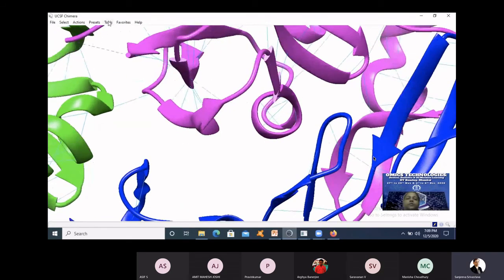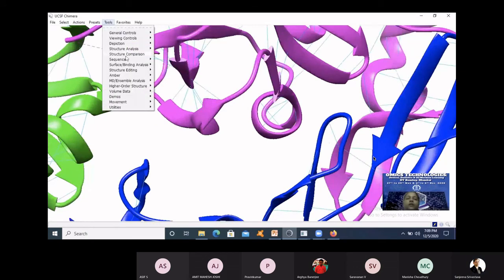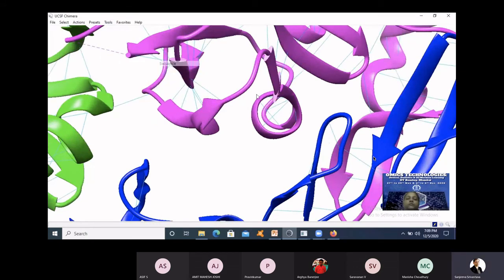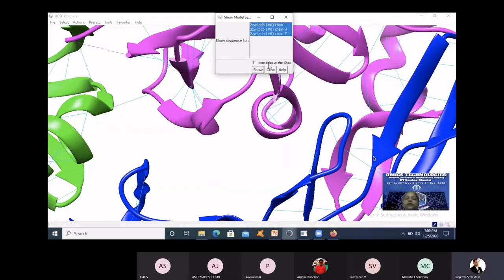I will go to tools and ask for the sequence. Because there are three chains, it is showing chain L, light chain, heavy chain, and tissue factor. First I will go to the heavy chain.